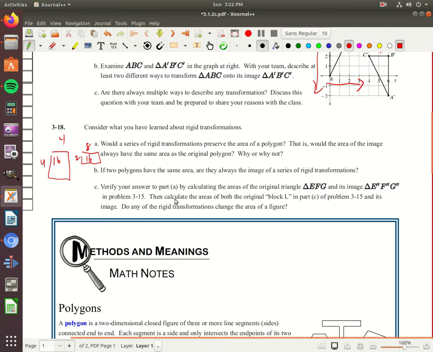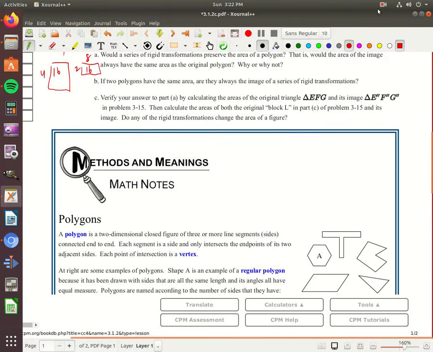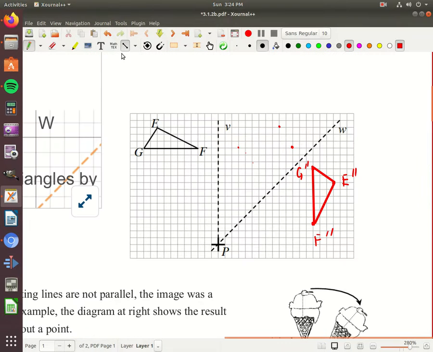It says verify your answer in part A by calculating the areas of the original triangle EFG and E double prime, F double prime, G double prime in problem 315. Then calculate the areas of both the blocks in 315. So let me set that up. Okay, so these triangles should have the same area.